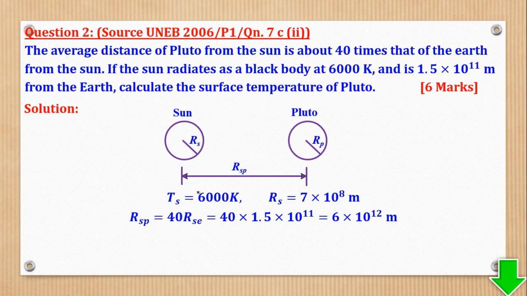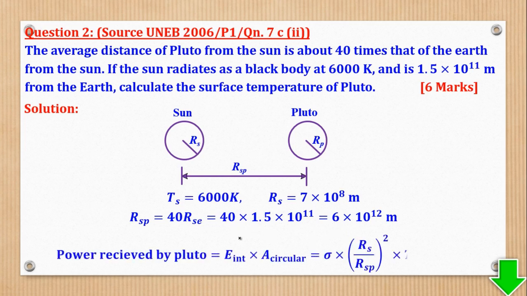And they've given us the distance of the Earth from the Sun, which is this. Therefore, RSP is 40 times that distance, to give you this. So power received by Pluto is given by energy intensity times circular cross-section area, which is that.